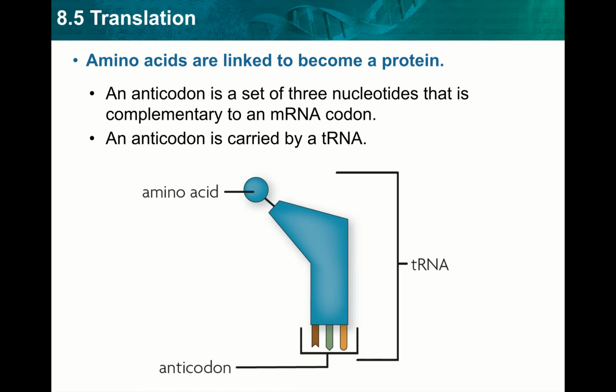So if the anticodon is complementary to the codon, then it's going to bind and it's going to release that specific amino acid. So what you need to know here is the anticodon is found on tRNA along with the amino acid.